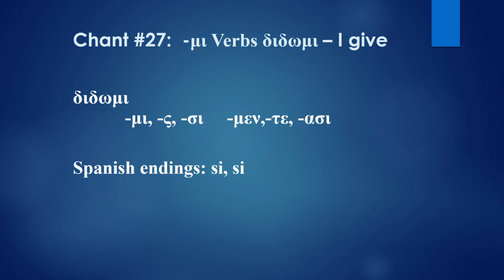First person plural ending is men, we give. Te is the second person plural, you all give. And asi is the ending for the third person plural, they give. The chant then goes as follows, and we'll do it three times.